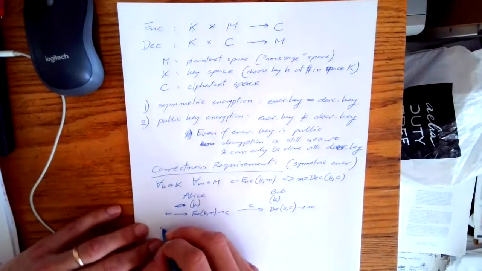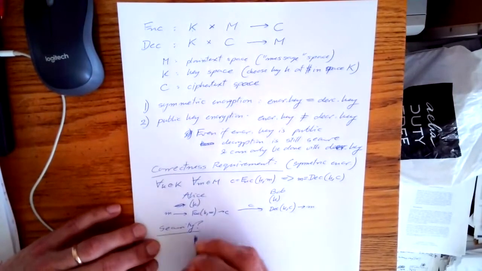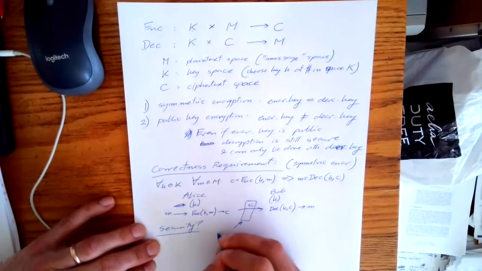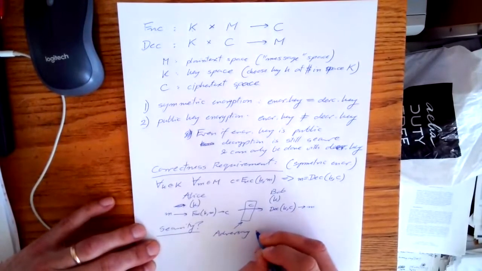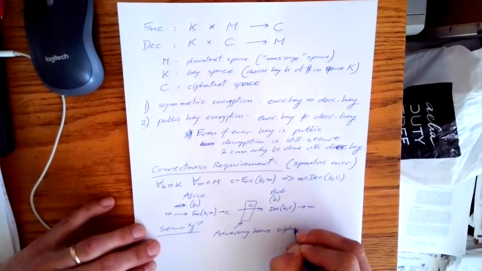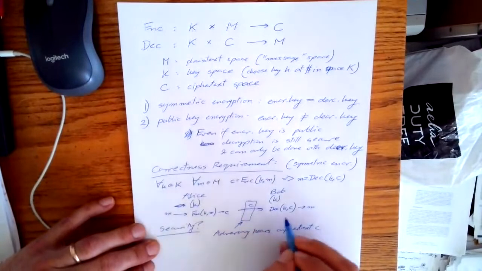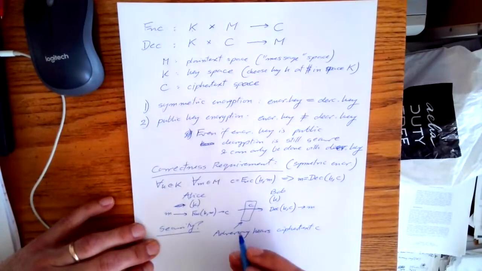And now what about security? So correctness, so far so good. What about security? Well, the idea is that the adversary hears the ciphertext C, because if there were no people in between Alice and Bob, if this was some sort of safe channel, then there would be no reason to encrypt.